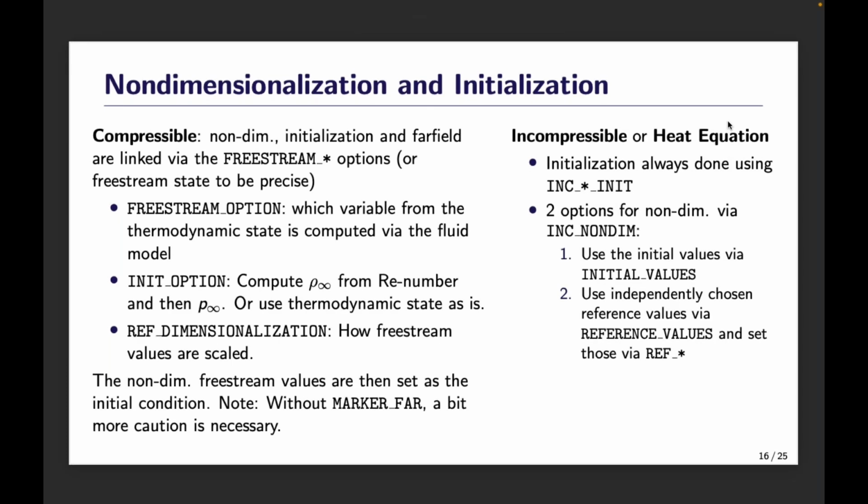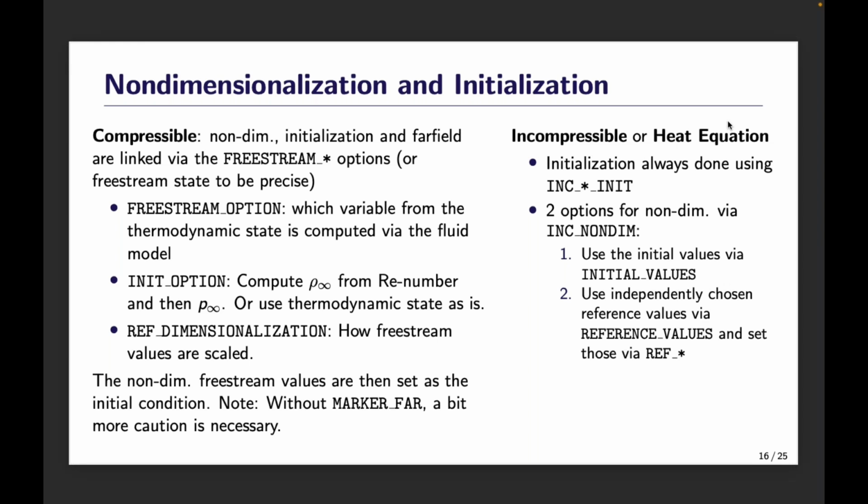In incompressible flow, the setup is a lot easier. So we have a set of inc, and there's like velocity, temperature, and density. And you set these values, and these are always initial values. That's a big difference to compressible flow, where the initialization is directly bound to the free stream options.